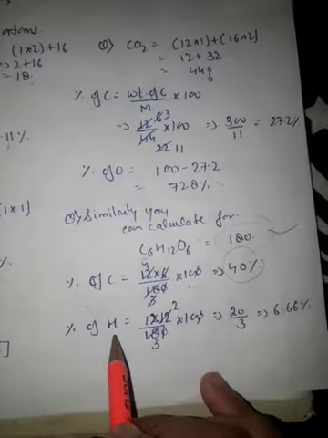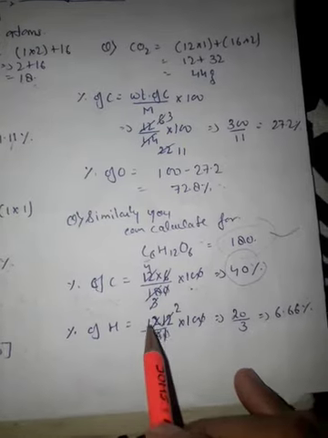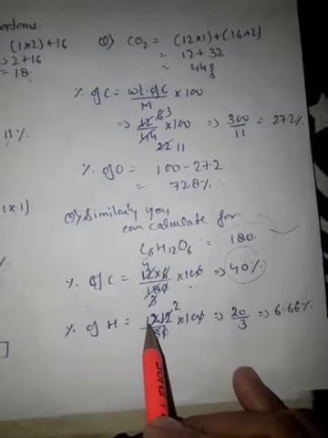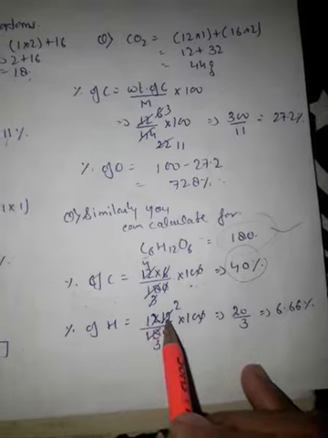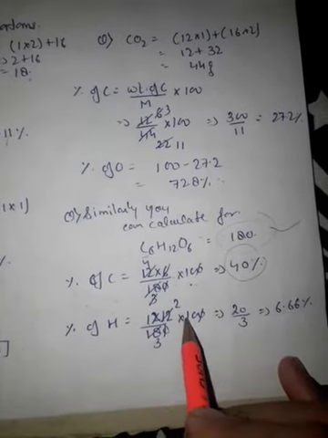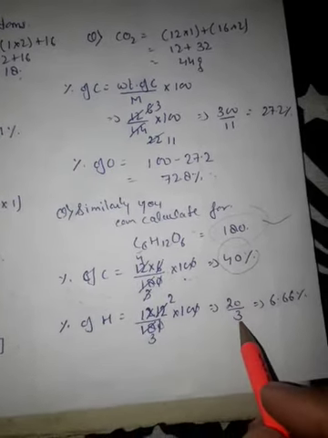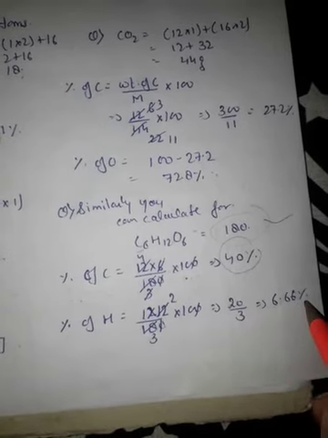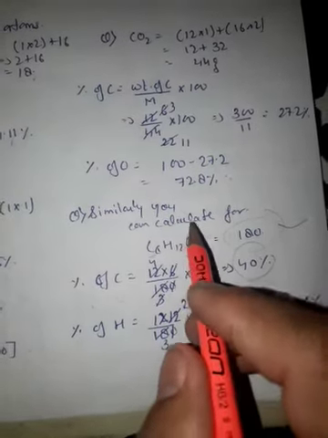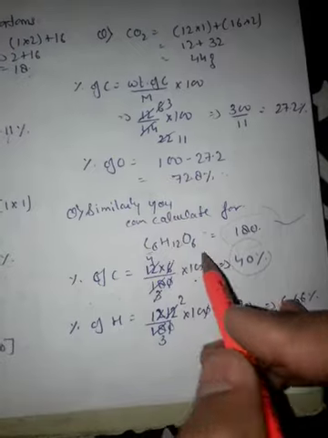Similarly, percentage of hydrogen: 12 hydrogens are there and atomic mass of hydrogen is 1, so 12 into 1 upon 180 into 100, you will get 6.66%. Similarly, you can calculate the percentage of oxygen.